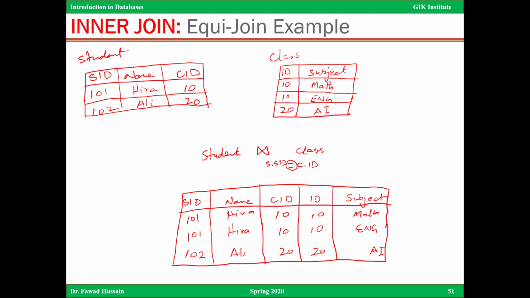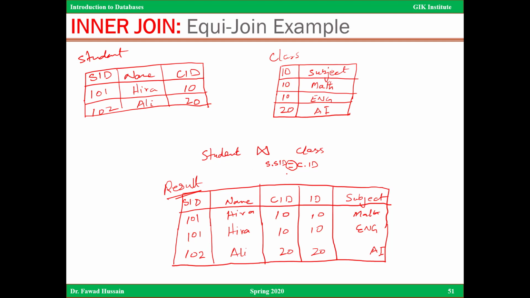So in this case what we have seen is that the equality operator is used and only the matching values are encoded in the new table. So this is the resulting table, the result of whatever operation you have done.